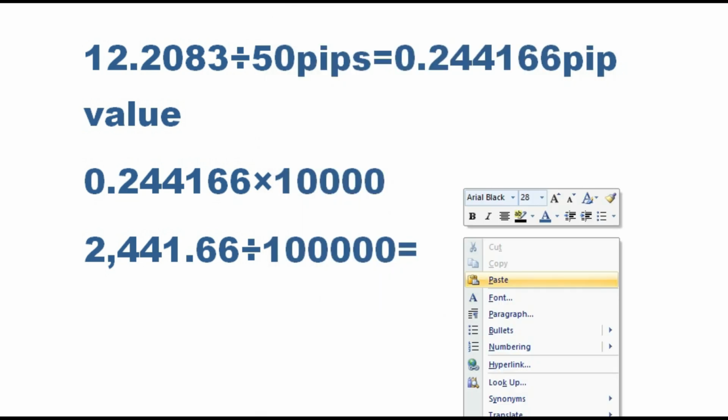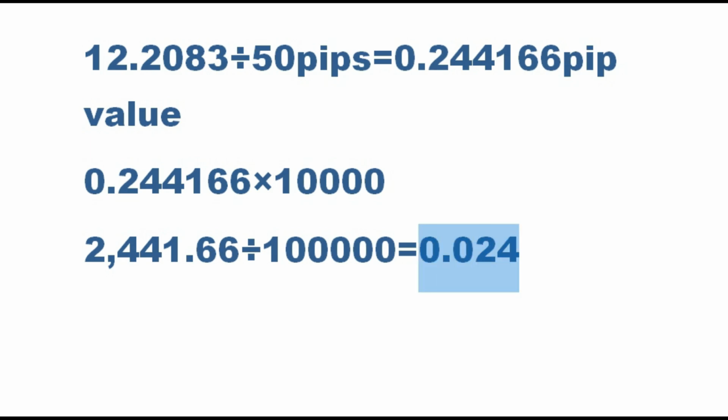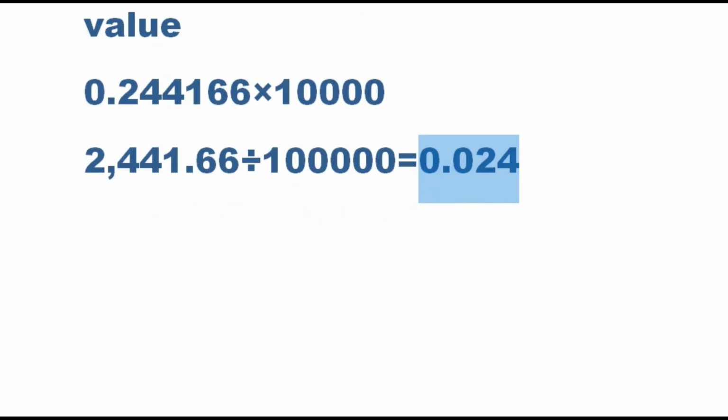This is the lot size you need to put into your trading platform to make sure you don't risk more than the 10 pounds you have in your actual trading account.